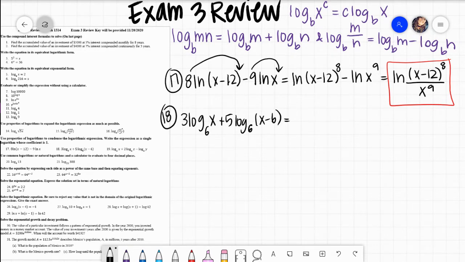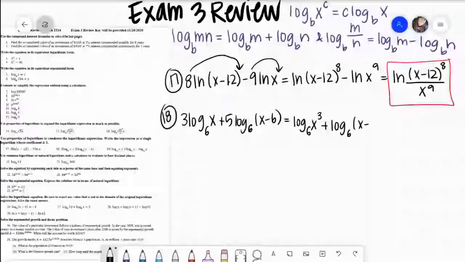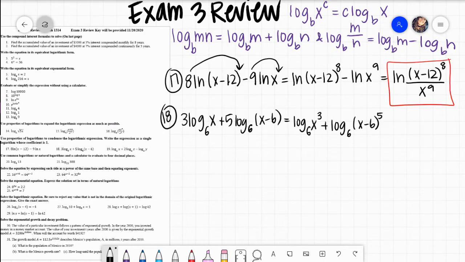The first thing I notice here is that I, again, have some coefficients. So I want to turn them into exponents, and then we get log base 6 of x cubed plus log base 6 of x minus 6 to the 5th power.